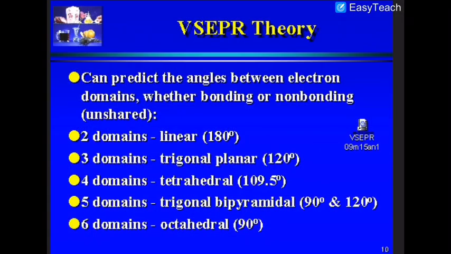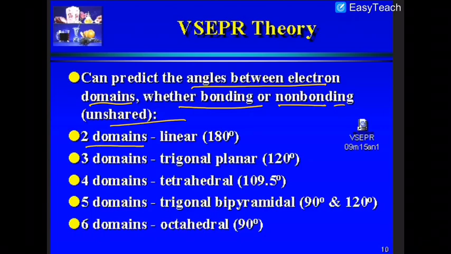According to the VSEPR theory, it can predict the angle between the electron domains, means bonds, whether bonding or non-bonding atoms are present there or not. If there are two domains, it means two bonds are there, then 180 is the bond angle.